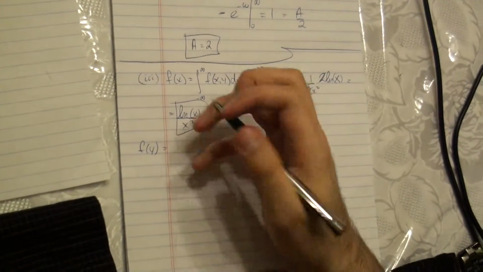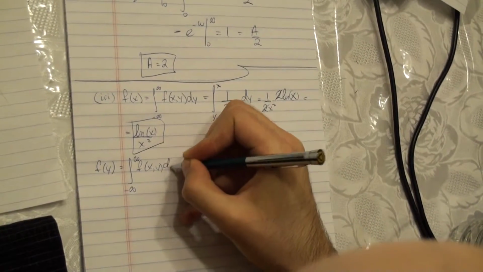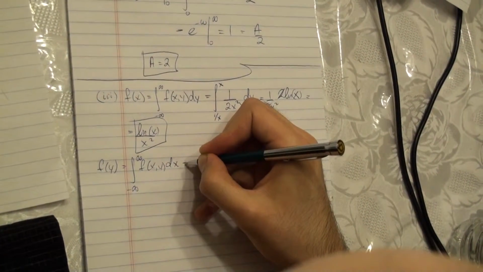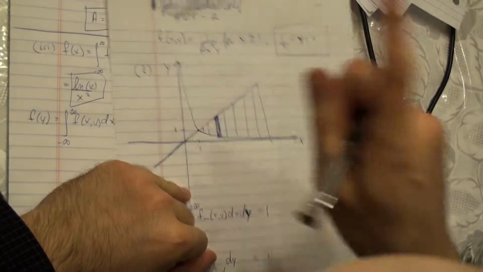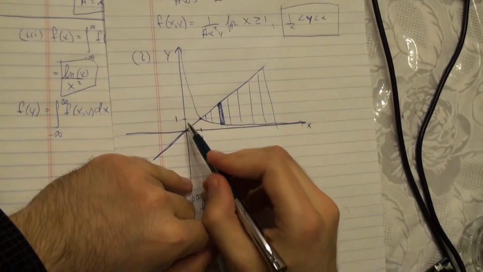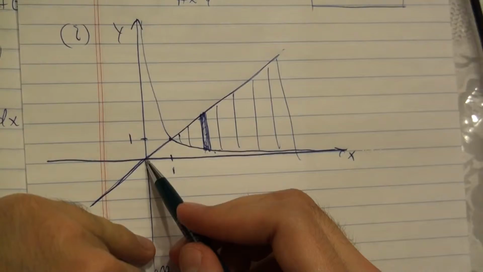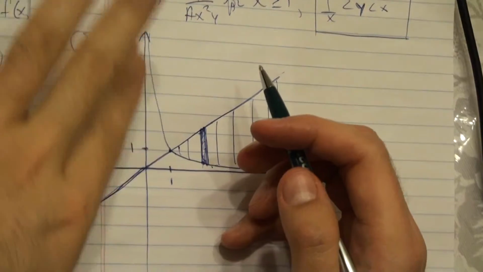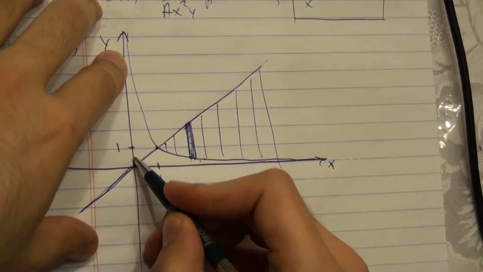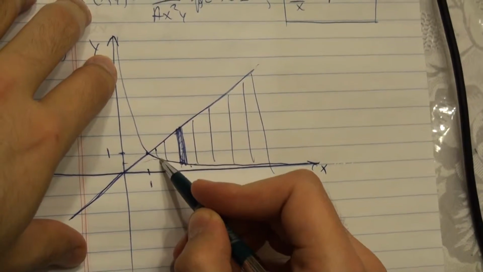Now, f of y, general formula, is this. But we have to be careful. For every point in y, we have to integrate out x. However, for points y that are less than 1, by the way, y is always going to be greater than 0, so we don't care about anything less than 0. But for any points between 0 and 1, any y, we need to integrate out x.